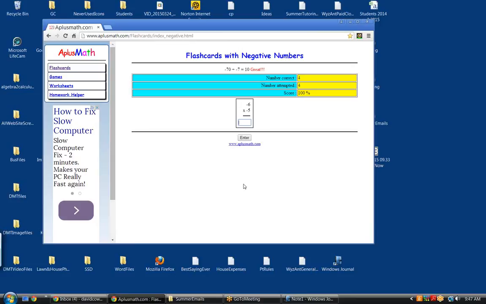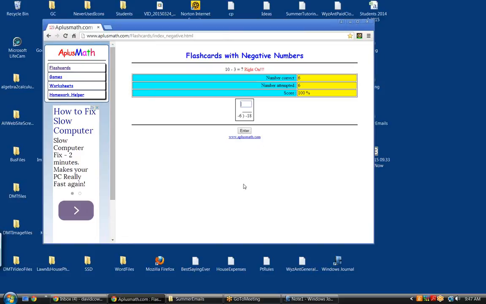Negative 30. No, just 30. That is subtraction. 7. What's that one doing in there? 3.